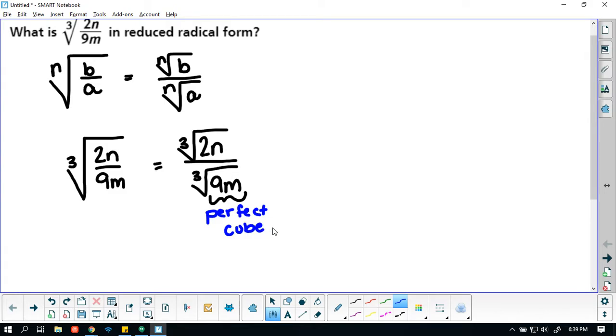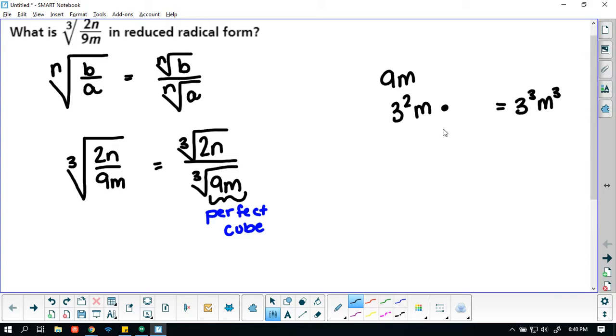So what I have to do here is think of values that I can multiply by 9m to make it a perfect cube. The one thing that I know is that 9 consists of 3 squared. And since I already have a base that's squared, that makes this a little bit simpler.